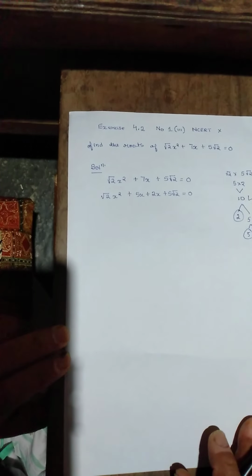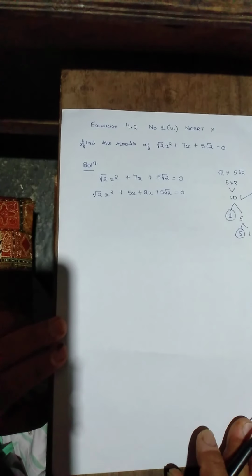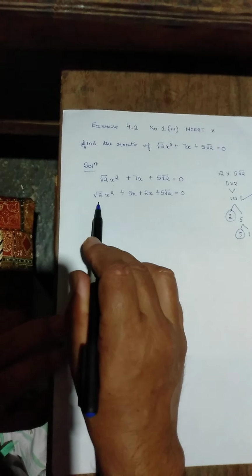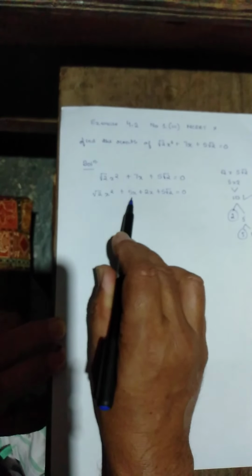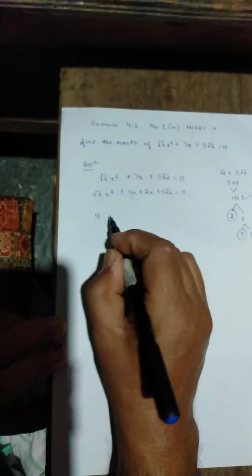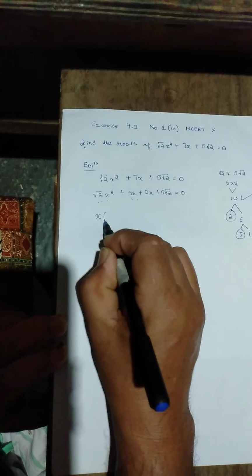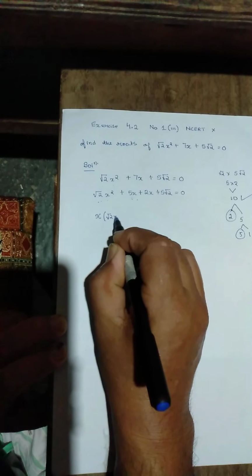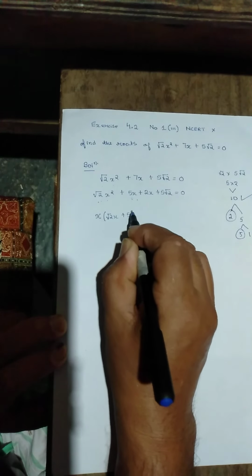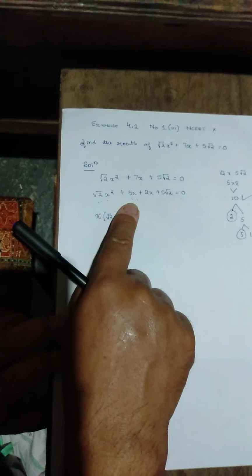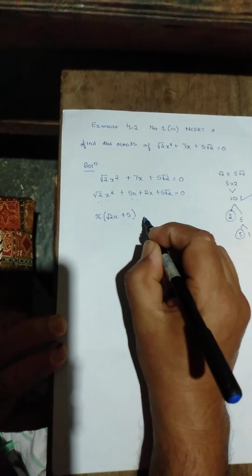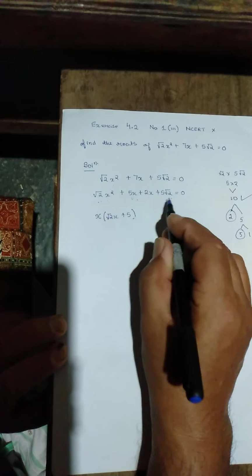And then after we do that, we factorize these two terms here, and you would see that x is common among these two. So we take x out, and then inside we write root 2x plus 5. So we have managed to factorize these two.